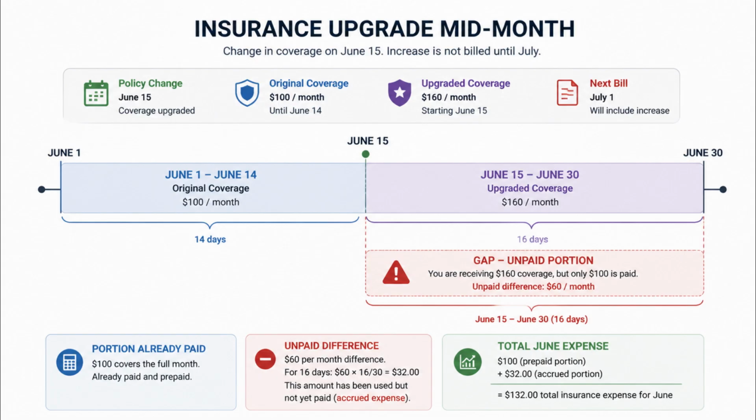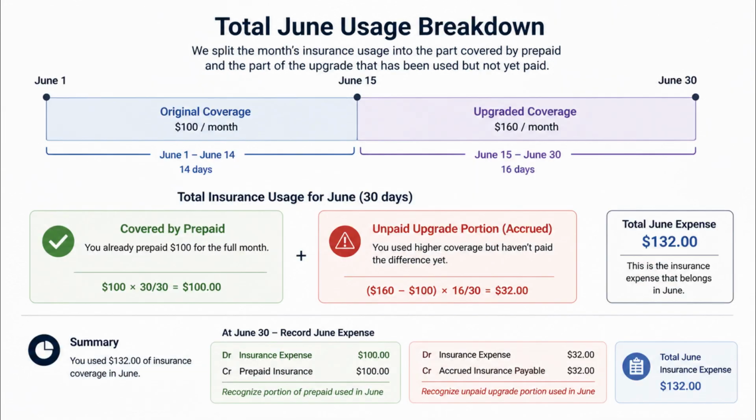The new equivalent monthly cost is $160. But you won't be billed the increase until July. So from June the 15th to June the 30th, you're using coverage that's worth $160 per month, but you've only paid $100 per month. So let's split this correctly.